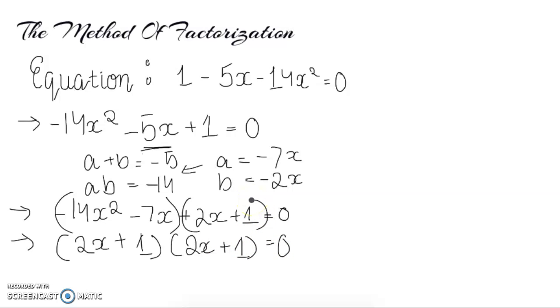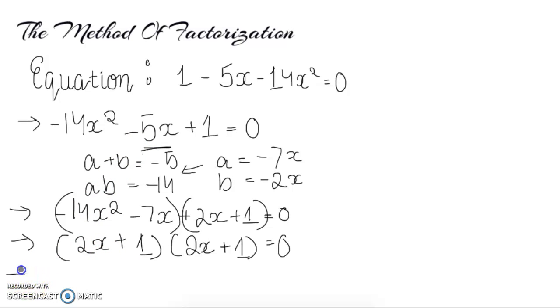Now, this is your checking point. You want to make sure that these two factors in the brackets are the exact same. If they are not the exact same, go back and double check your steps. After this, we know that if 2x plus 1 times 2x plus 1 is equal to 0, then one of these factors must be equal to 0.